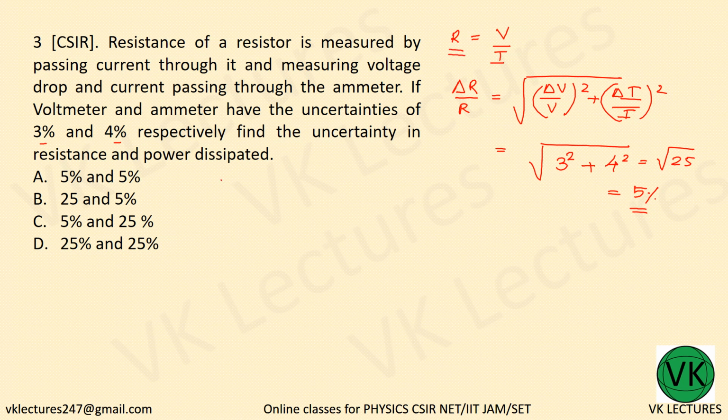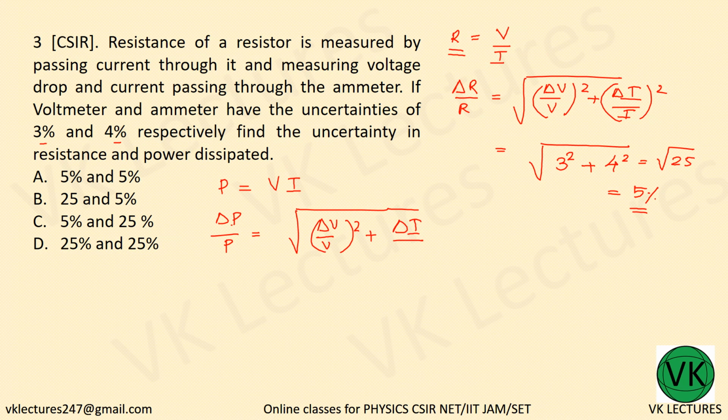Now what is the power? Power is equal to VI. Now what is delta P by P? The same formula can be applied: delta V by V whole square plus delta I by I whole square.